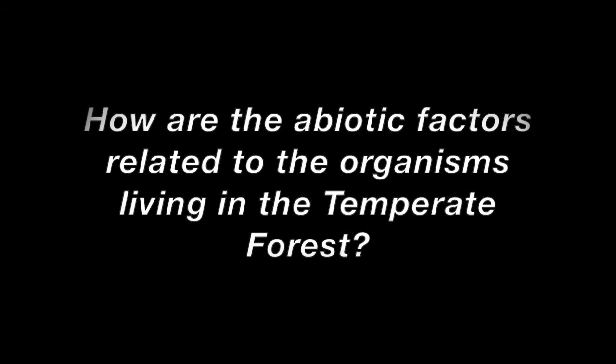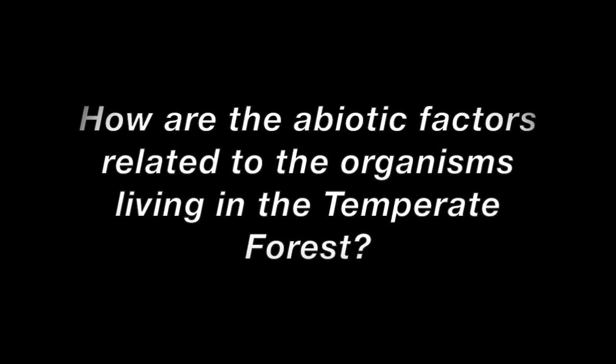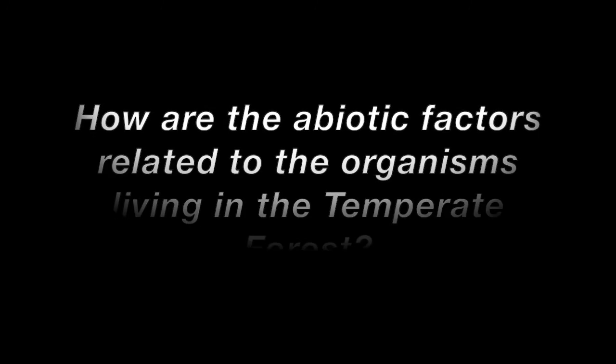How do abiotic factors relate to the type of organism living in the temperate deciduous forest? Abiotic factors are those that are not living but which still have an impact on the biome. In this temperate deciduous forest, everything from the smallest plant to the largest bear relies on this forest.